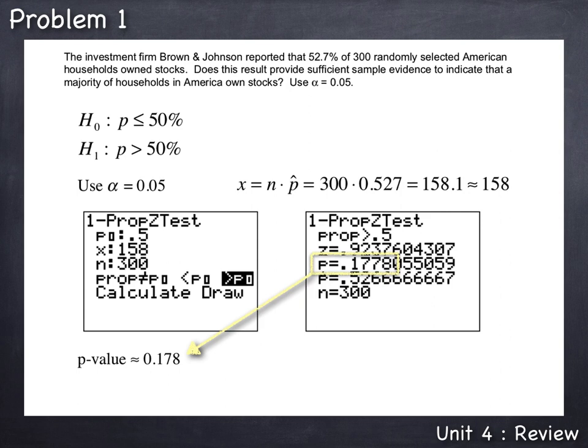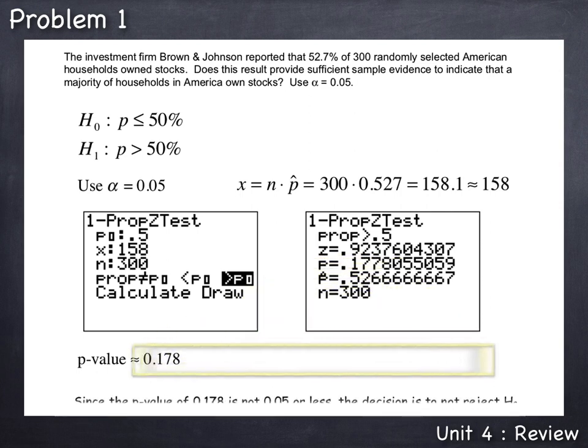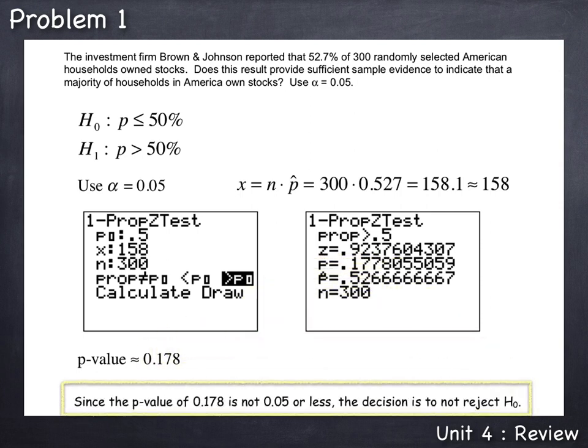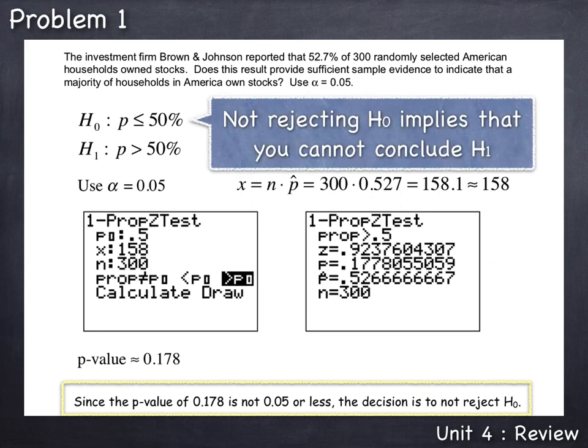Now that we have our p-value, we can make our decision by comparing it to alpha, the level of significance. The p-value of 0.178 is not less than or equal to 0.05. And when the p-value is not 0.05 or less, the decision is to not reject H0. And when we do not reject H0, it implies that you cannot conclude H1.